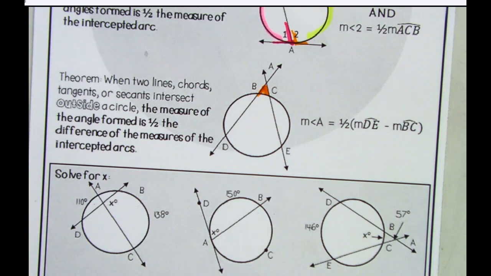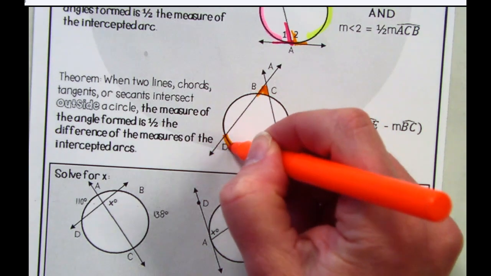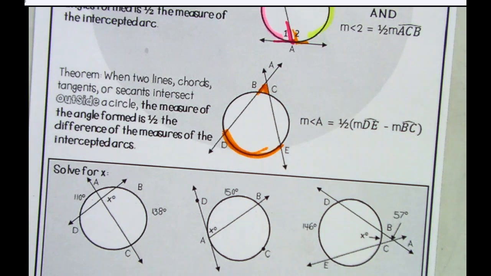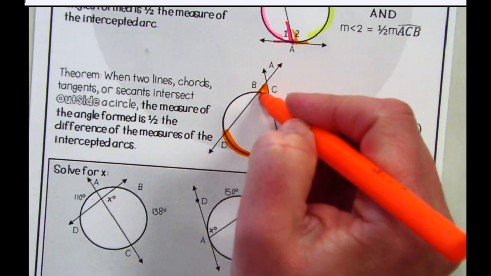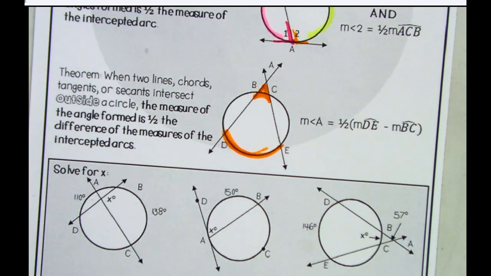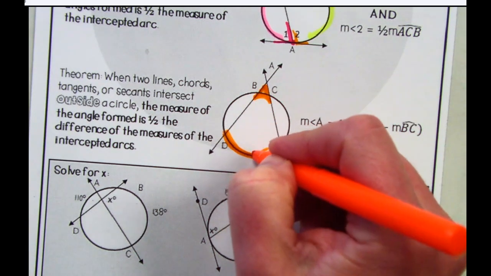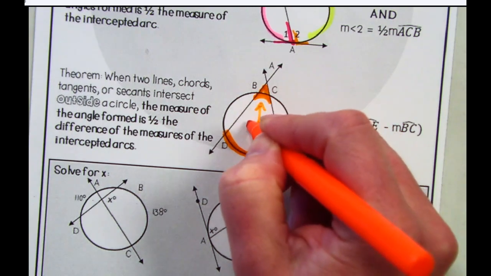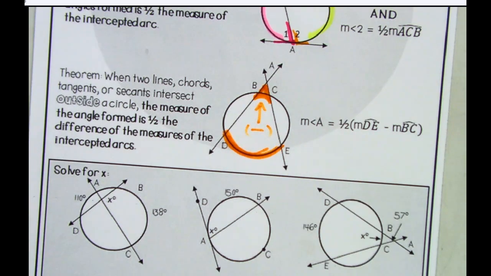So now this is funny. Hard for me to understand a little bit, but don't I have the big arc right there? And I also have the little arc, don't I? So it is this one minus that one. So subtract the one above. Let's see if that makes sense.